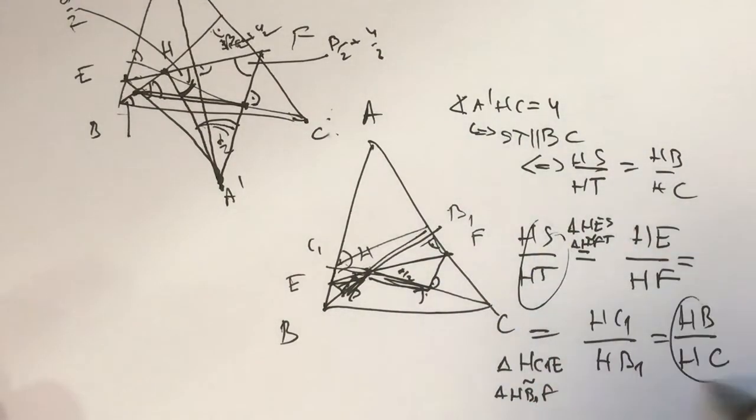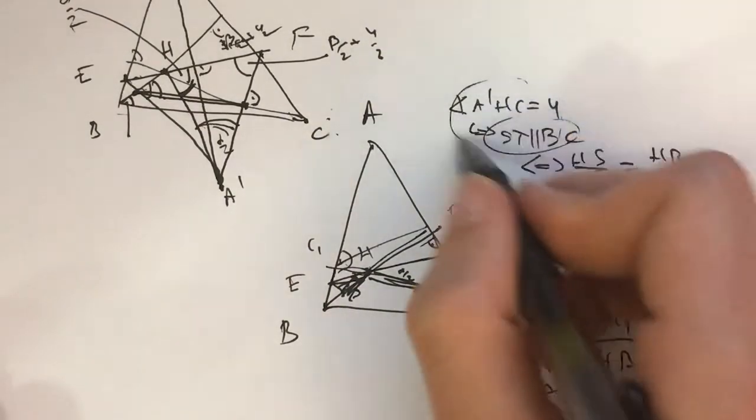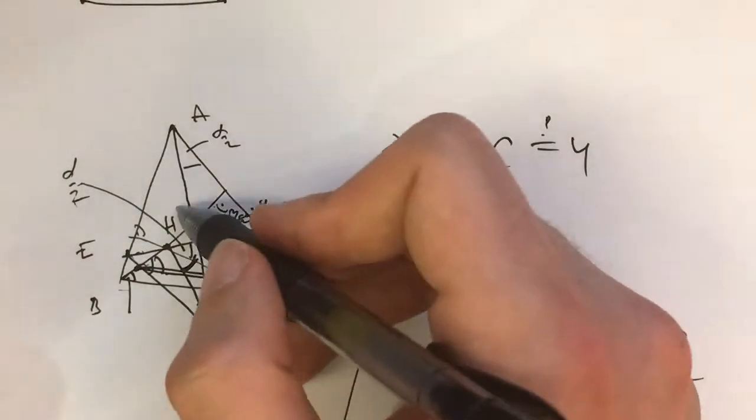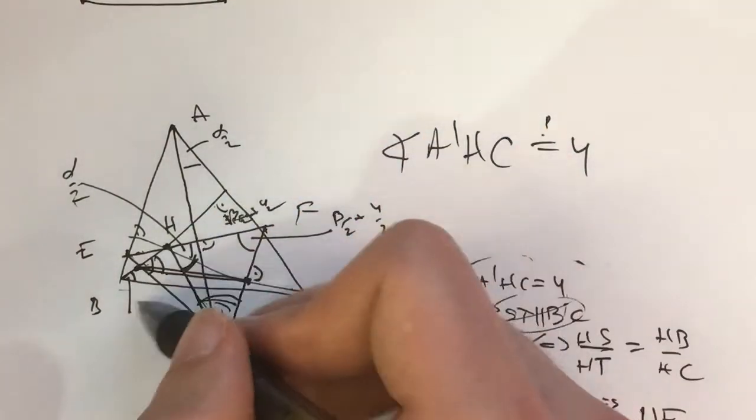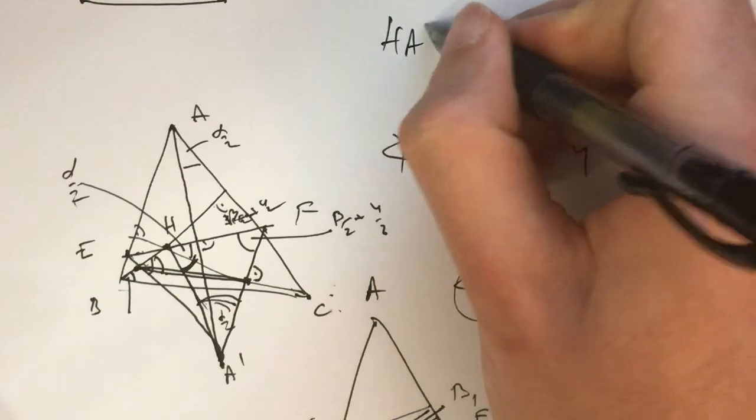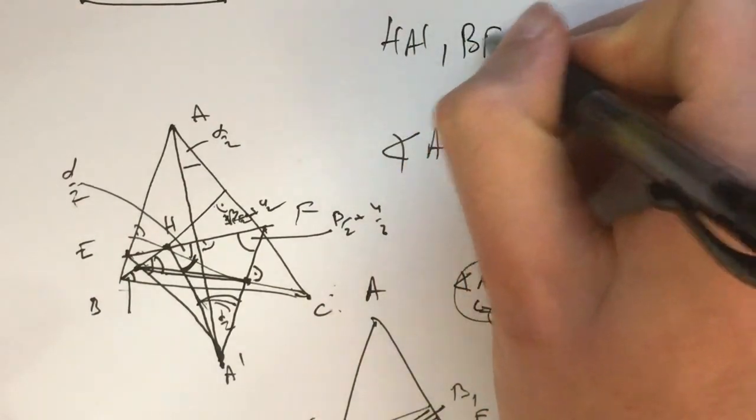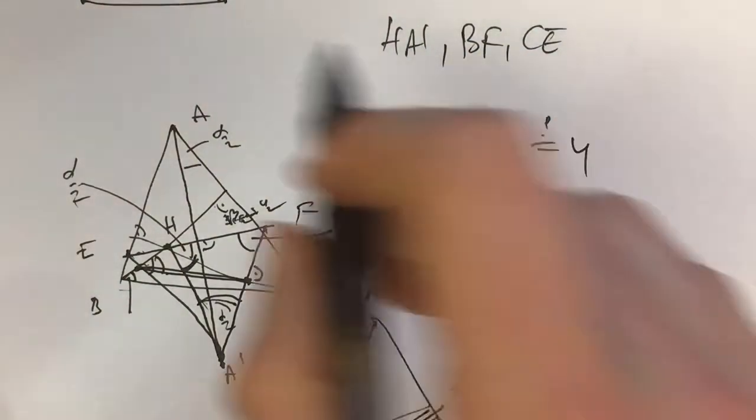So we have this is true, which means this is true, which in turn means that these signs cancel out, and we have that HA prime, BF, and CE concur. Now this solves the problem.